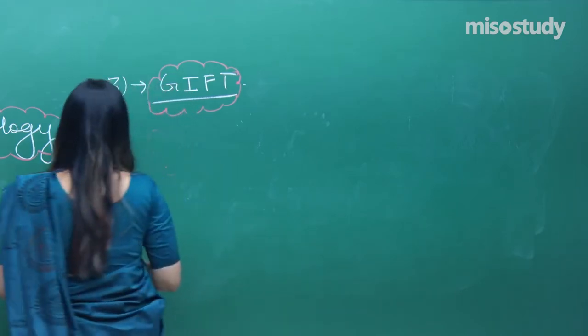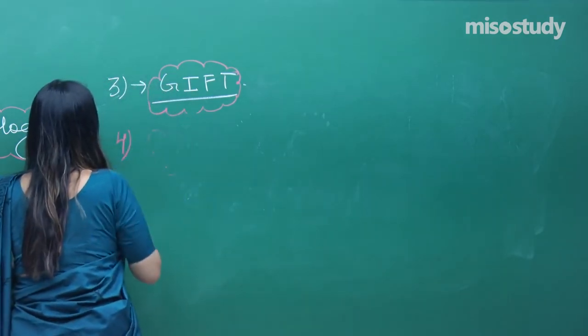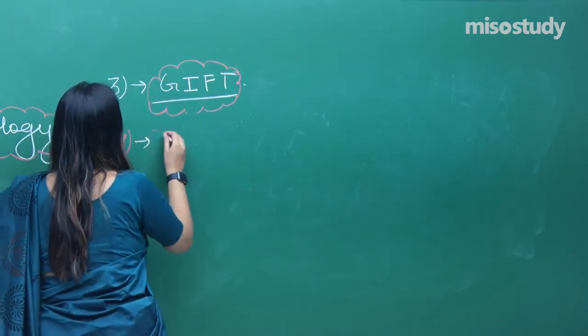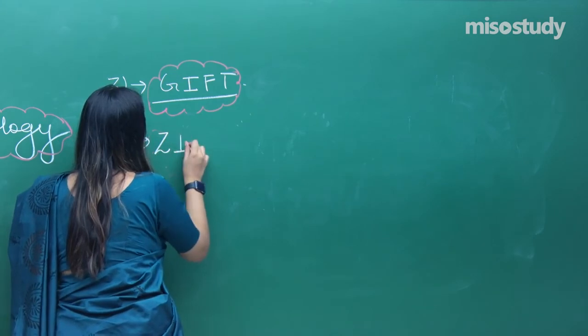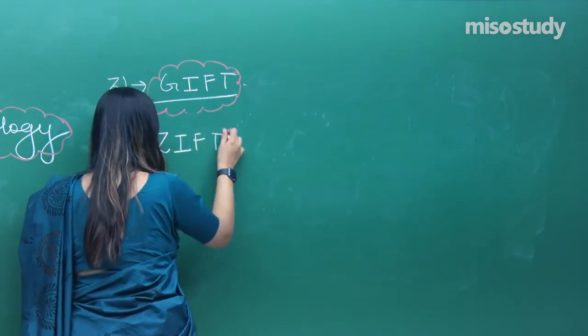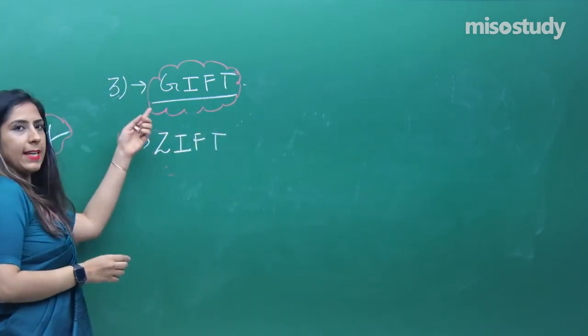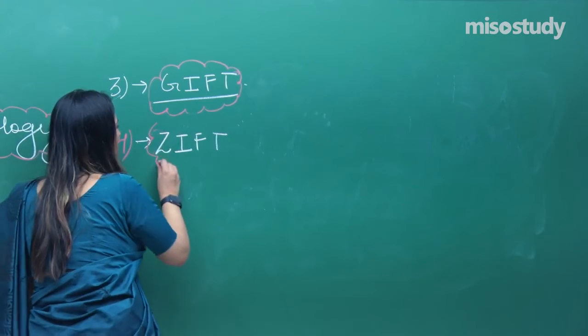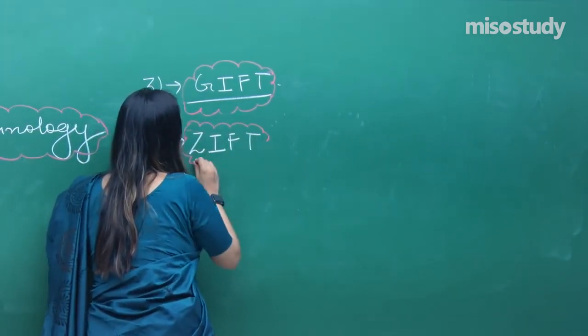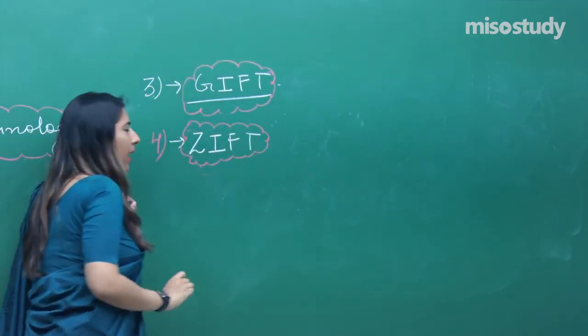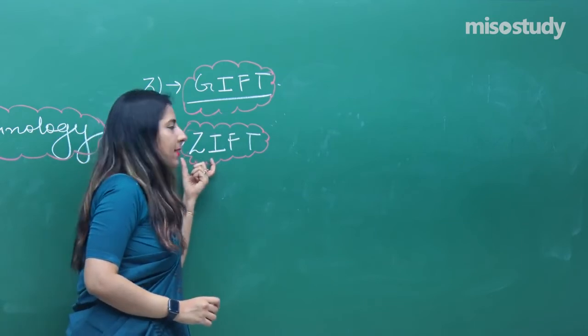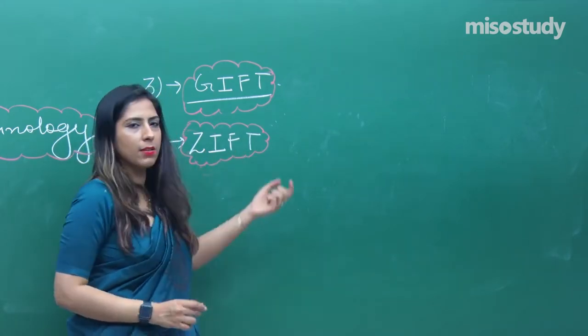Fourth we have is ZIFT. Earlier it was GIFT, now it is ZIFT. ZIFT, as the name indicates, Z means zygote intrafallopian transfer, right?